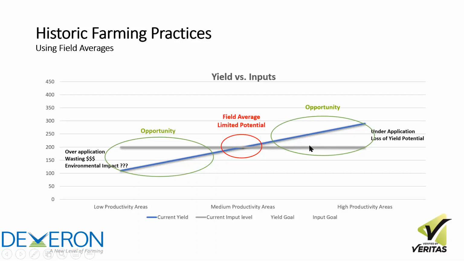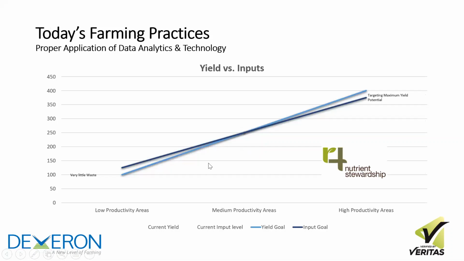And data management and precision ag really help us understand where those areas are and allow us to focus on applying product properly in those areas so we are being environmentally friendly. When we do that, our input line matches our yield line, and I even increased the yield here to 250 bushel as an average.